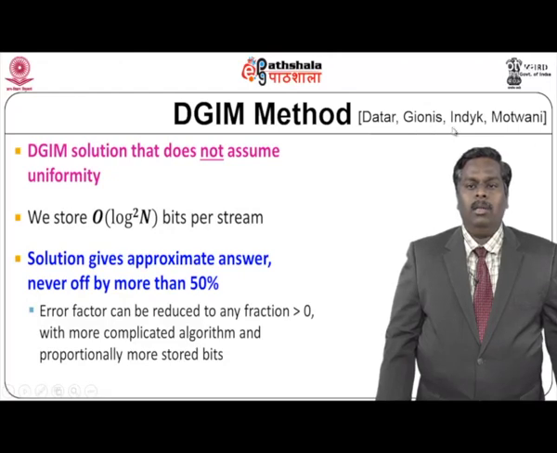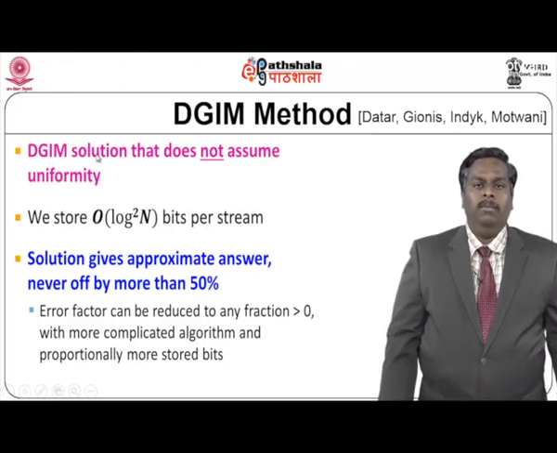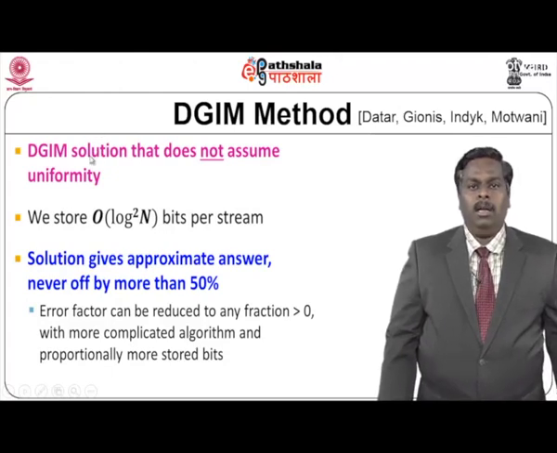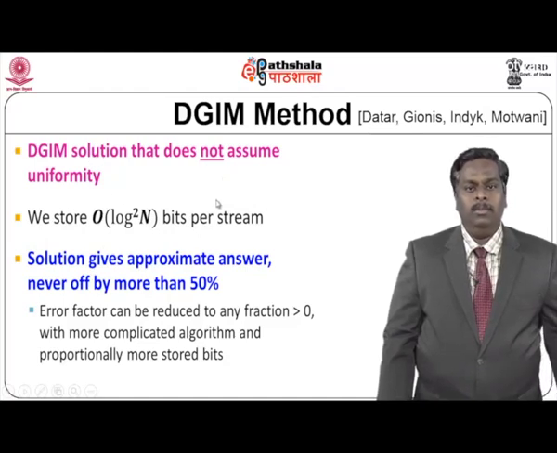These four are the authors of this particular method. They have proposed a method which assumes that the data elements are non-uniform in terms of their distribution. In other words, the method does not assume uniformity; non-uniformity is exhibited.